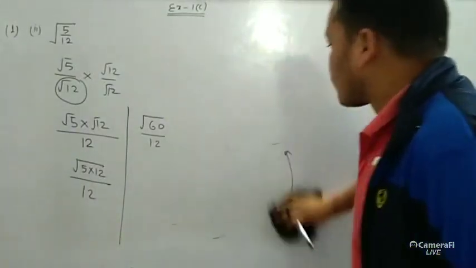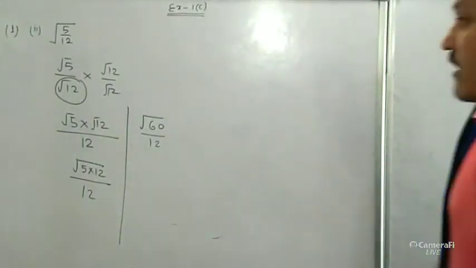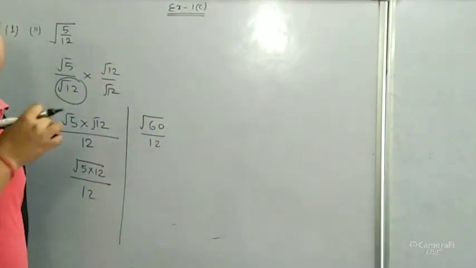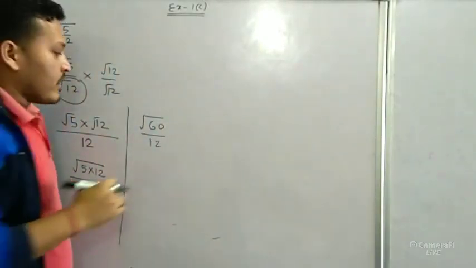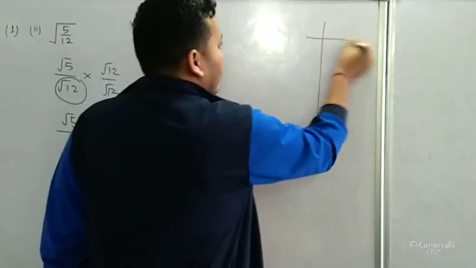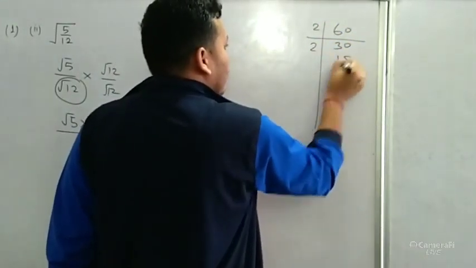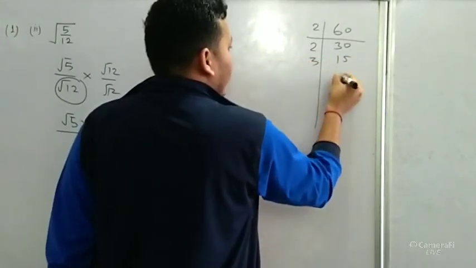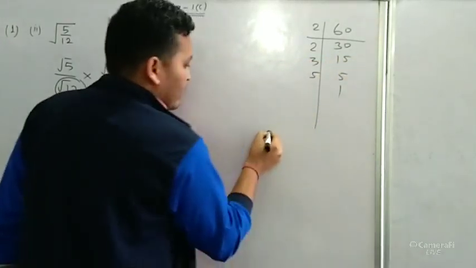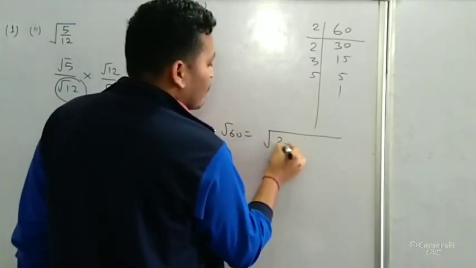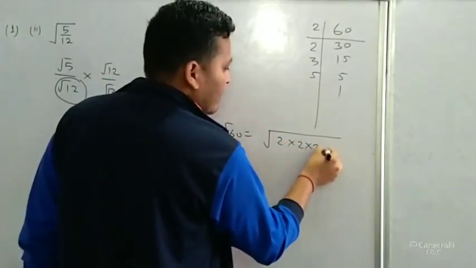If you want to write this number in the simplest way, break the 60 into smaller factors, the smallest prime factors. 60: 2 into 30 is 60, 2 into 15 is 30, 3 into 5 is 15, and 5 into 1 is 5. It means √60 can be written in this form: 2 into 2 into 3 into 5.